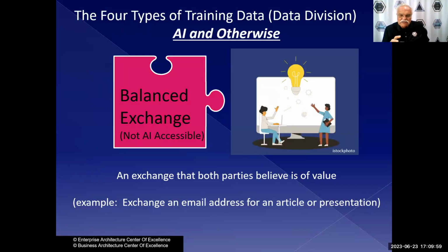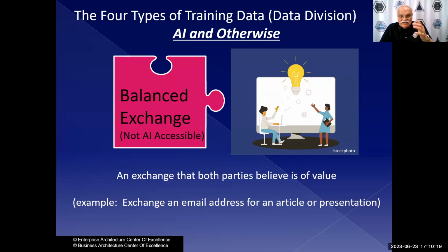So if you believe for some reason that these first two categories should be public, okay, how about categories 3 and 4? Category 3 is what we call a balanced exchange of information. This is where two parties exchange something of value. For example, exchanging an email address for an article or a presentation.